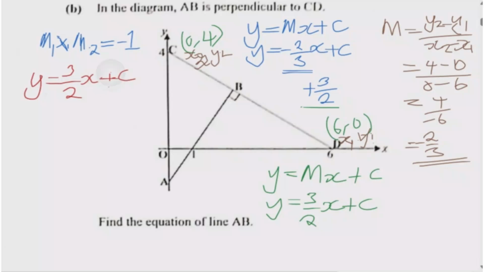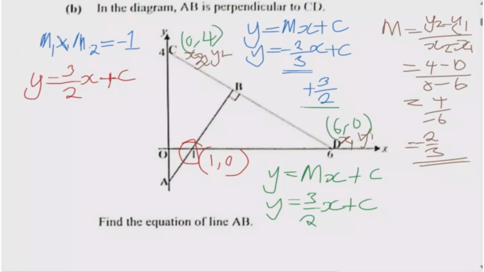Remember, I want to find the constant. So what am I going to do now to find the constant? I'll come to this point where there is 1. So I'm going to come to this point, then record the coordinate. The coordinate there is 1, 0. So the value of y is 0 and the value of x is 1.